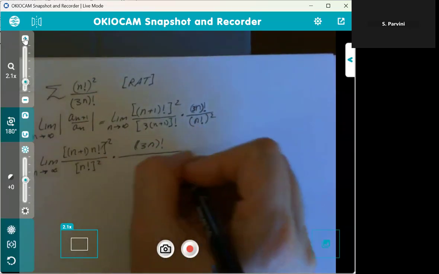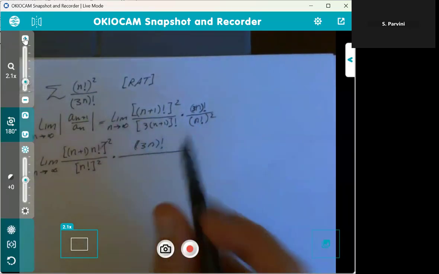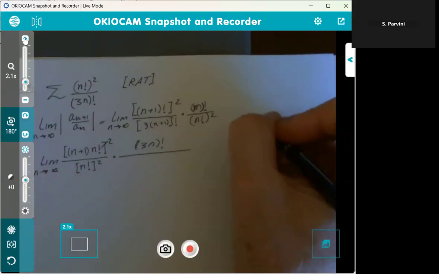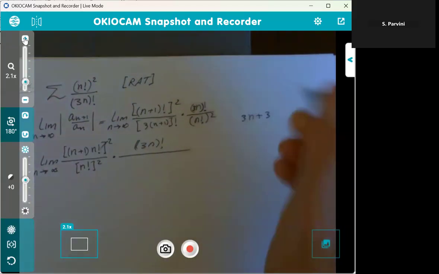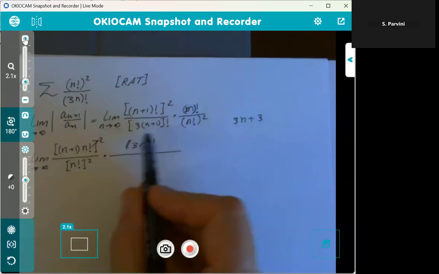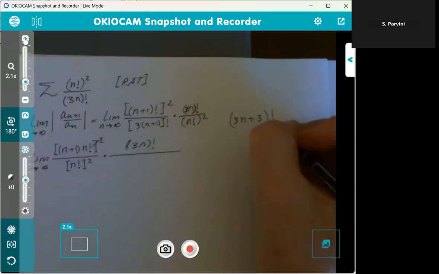Now, in the denominator, I have (3n+1), which means 3n+3 once you distribute, and then factorial it. Well, what does that factorial look like?